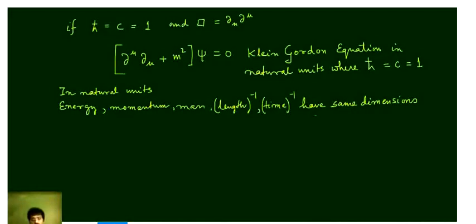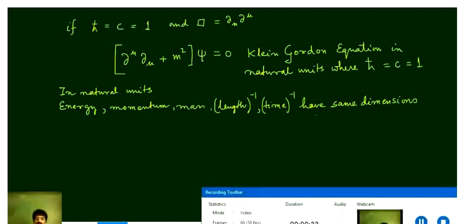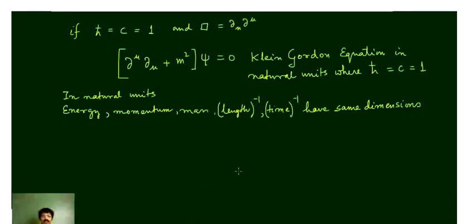This is the Klein Gordon equation in natural units. In natural units, energy, momentum, mass, inverse length and inverse time have the same dimensions. Now you can anytime retrieve these units by dimensional analysis.